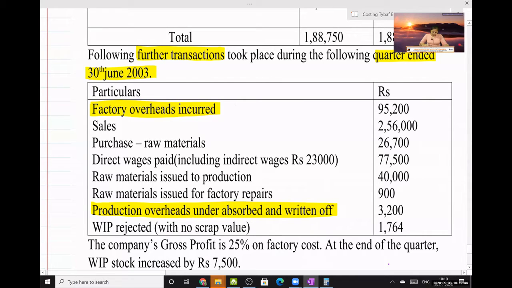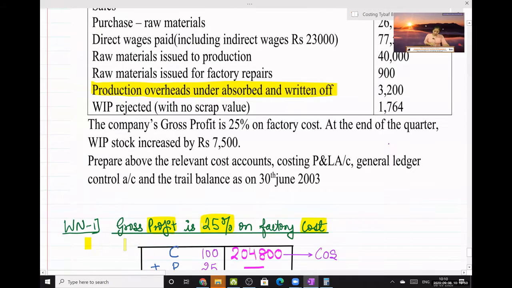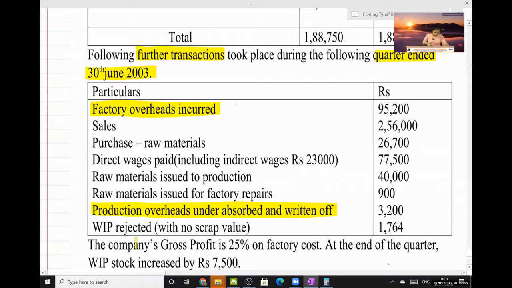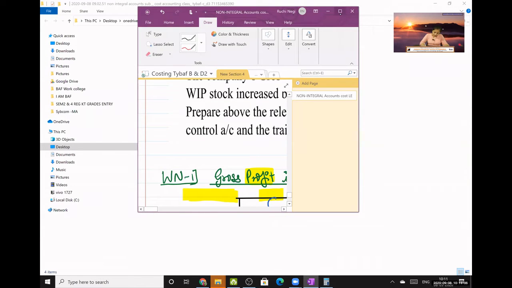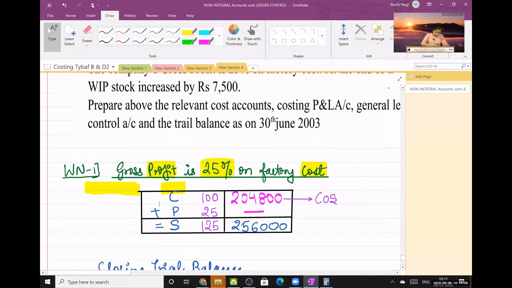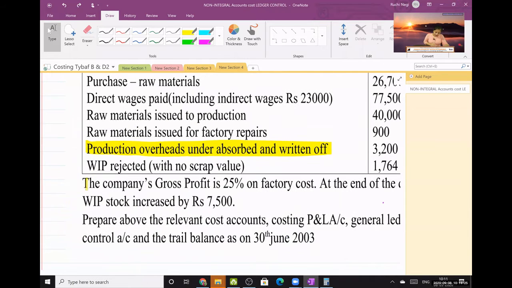Next, WIP rejected. This is common, we have done this before. Next, see, the company's gross profit is 25% on factory cost.